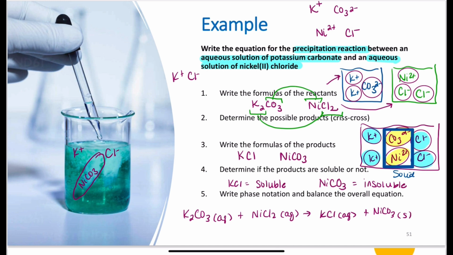Need to balance this. I have 2 potassium on the reactant side, so I need 2 potassium on my product side. 1 carbonate on each side, 1 nickel on each side, and now I have 2 chloride on each side, and the reaction is balanced.